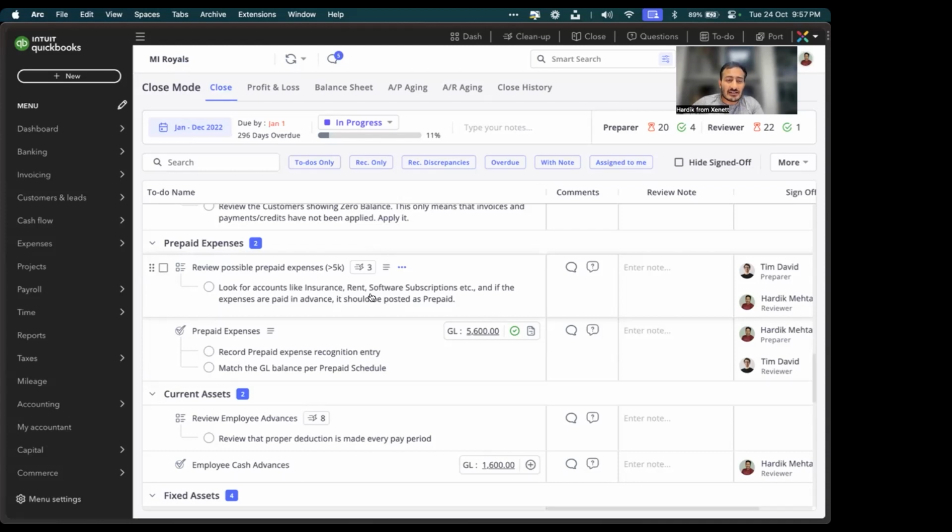So I created a custom review point, review possible prepaid expenses. I don't need to go anywhere to look at those 3, 4 or 5 different accounts. I can immediately pull it up from here.